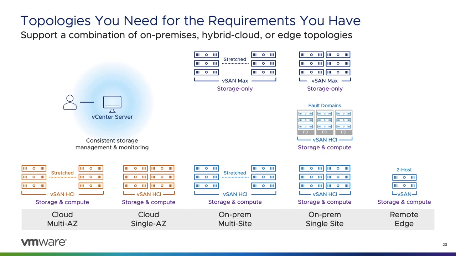And lastly, vSAN Max provides the ability to provision storage-only clusters, meaning that you can take advantage of all the benefits of HCI while using vSAN to provide a dedicated storage cluster for your other vSphere clusters.